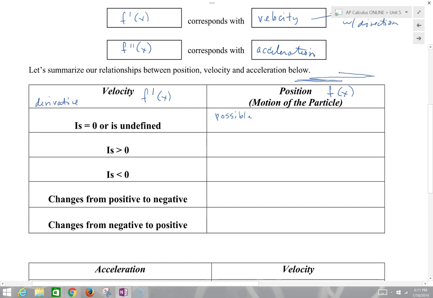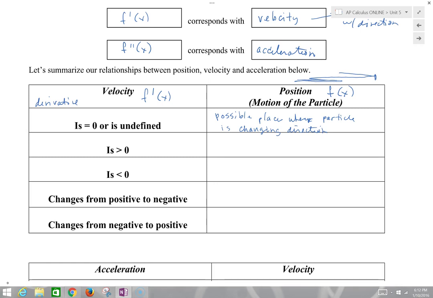So what the derivative is going to tell us when it's equal to 0 or undefined is these places where maybe it's turning around. So possible places where the particle is changing direction. Just like we had possible max or mins but had to test it, these are possible places where the particle is changing direction and we have to check it.